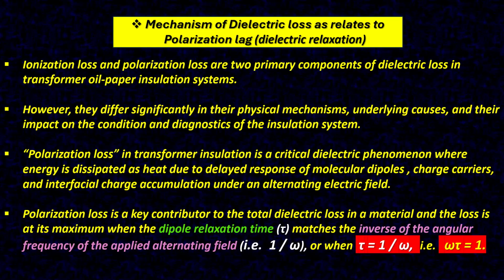Polarization loss is a key contributor to the total dielectric loss in a material, and the loss is at its maximum when the dipole relaxation time matches the inverse of the angular frequency of the applied alternating field, that is, when tau, the relaxation time, equals 1 by omega, that is, omega tau equals 1.